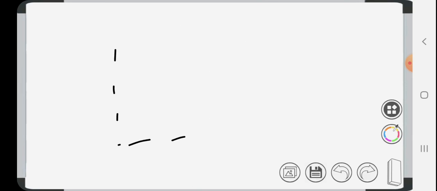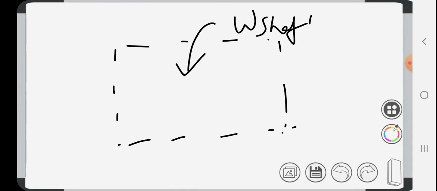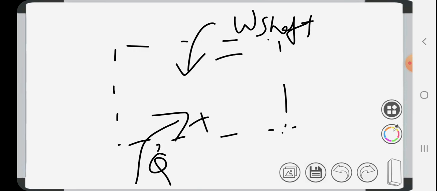Now I have taken a control volume like this. I am adding shaft work, so shaft work is negative. I am adding heat to that particular control volume, so this will be positive and this will be negative.